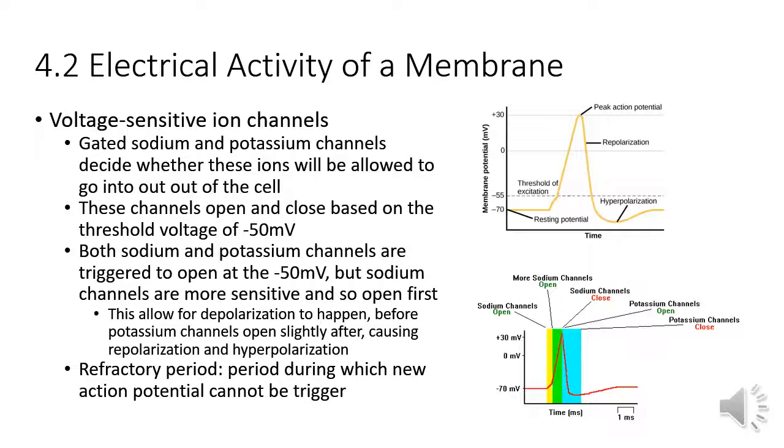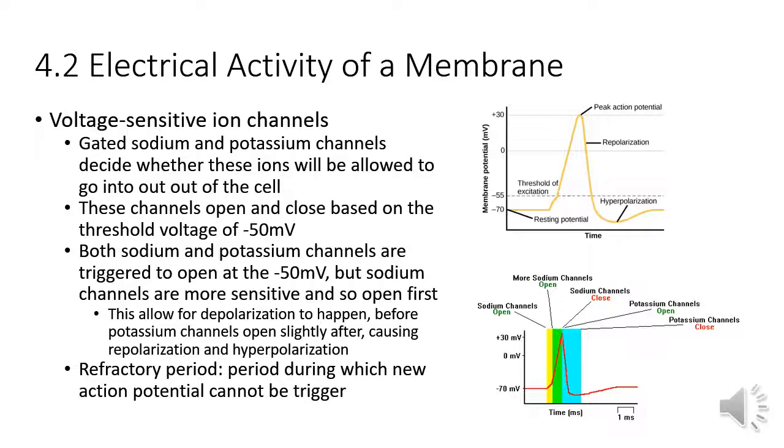So if the membrane potential gets to negative 50, then the action potential is initiated. It's kind of all or none. If it's at negative 60, it won't trigger an action potential. It'll just go back down to negative 70 without hitting that peak. So we'll say negative 50 for simplicity.